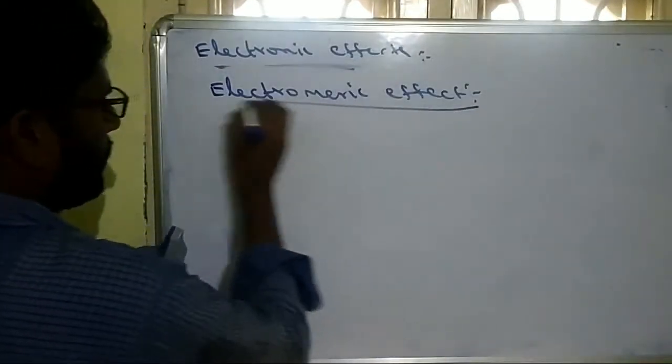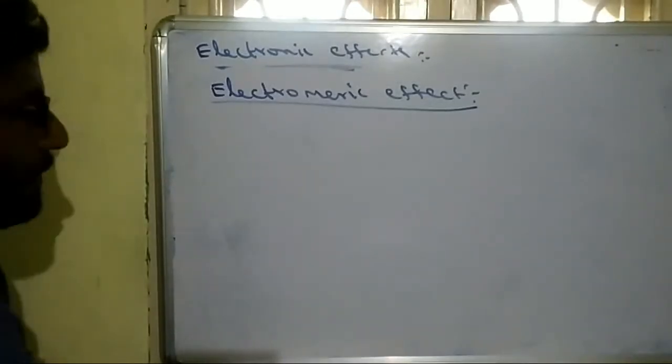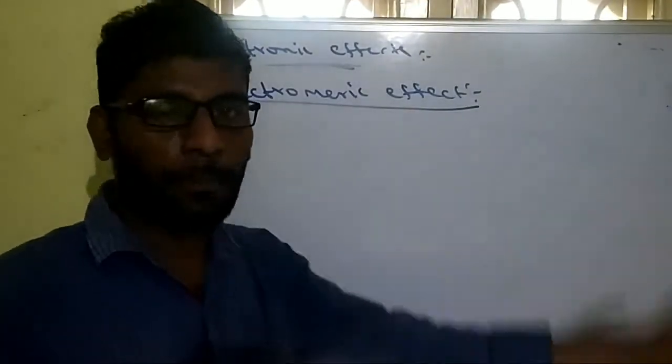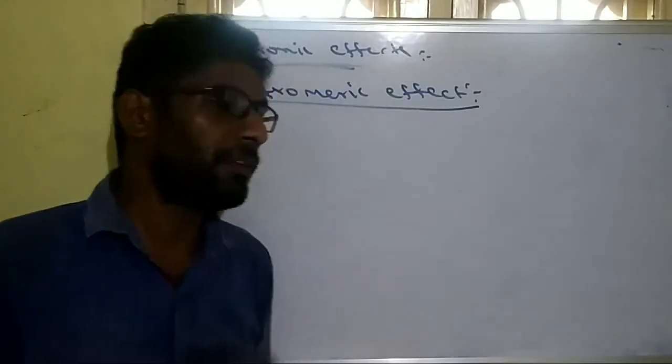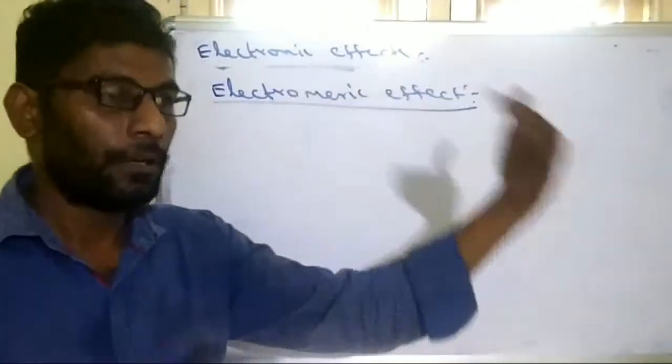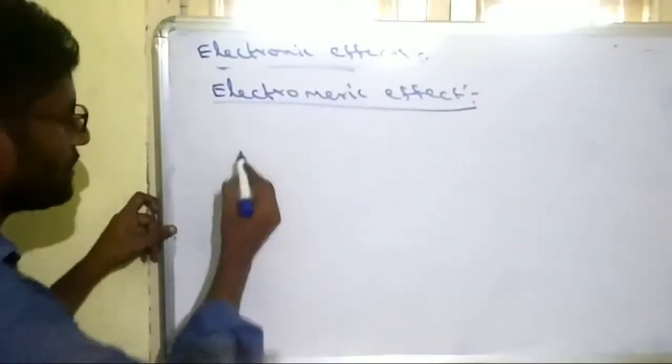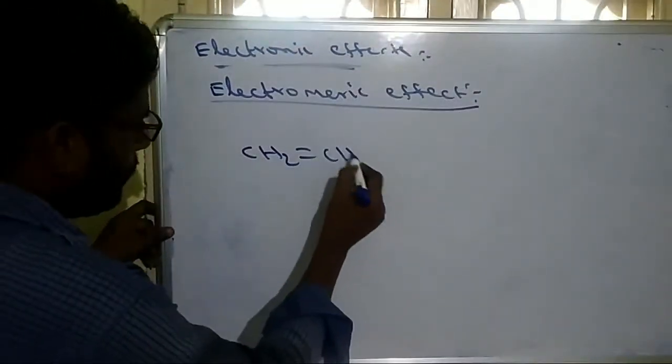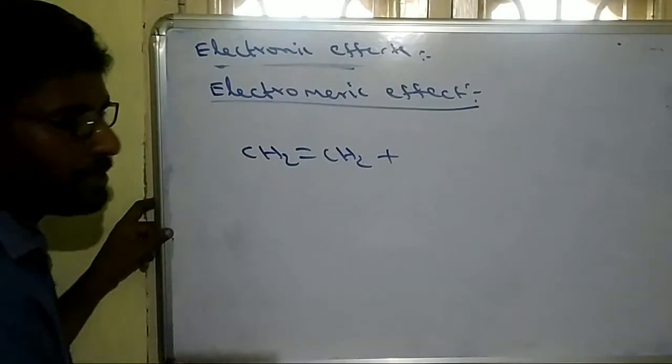electromeric effect. The electromeric effect is a temporary effect, while all the remaining ones are permanent effects. It is a temporary displacement of the pi bond in the presence of an attacking reagent. Take CH2=CH2, where a pi bond is there.